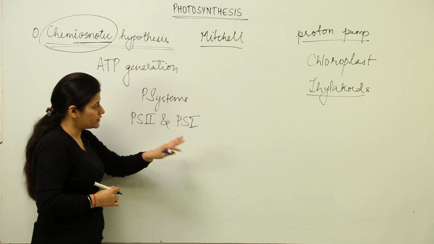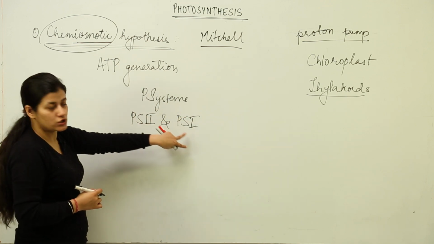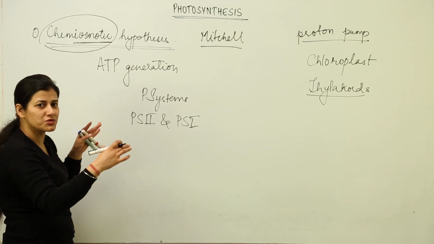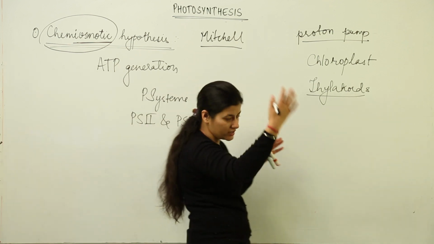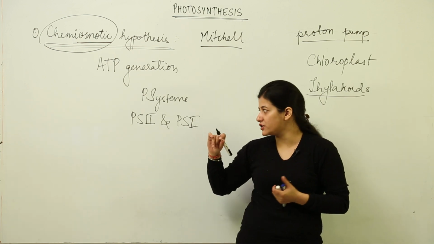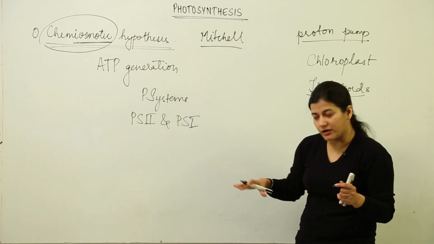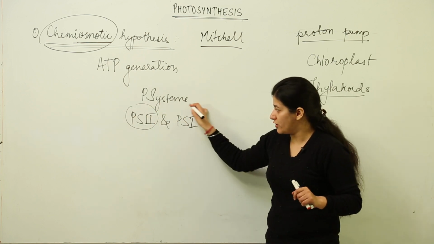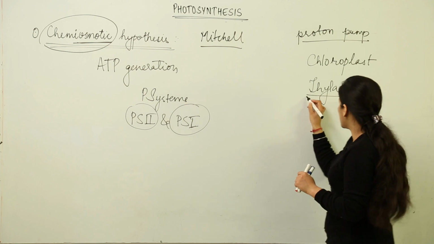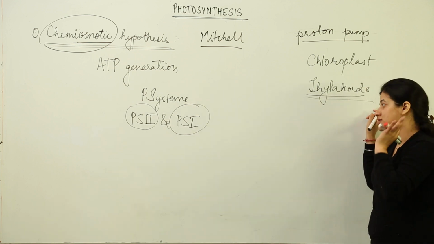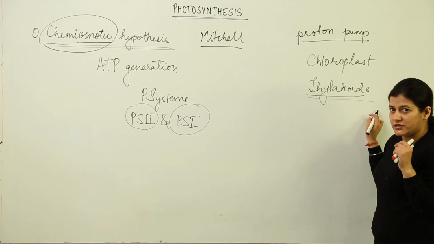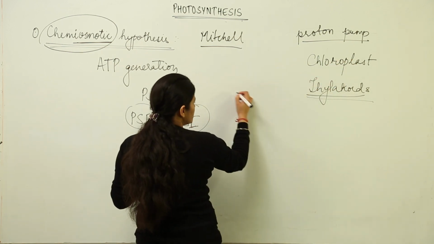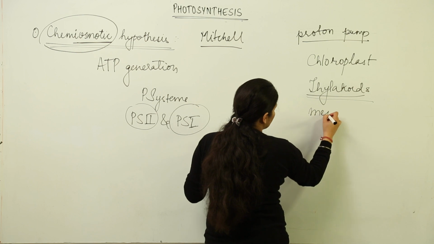Alright, so we have thylakoids, we have these two photosystems. Now, these two are to be studied, unlike that complex 1, complex 2, complex 3 and complex 5 that we had studied in oxidative phosphorylation. We are not going to study about them. We are going to talk about photosystem 2, we are going to talk about photosystem 1, we are going to talk about thylakoids, and because it is almost similar to what we have studied in respiration, what would be important in thylakoids would be the membrane of thylakoid.